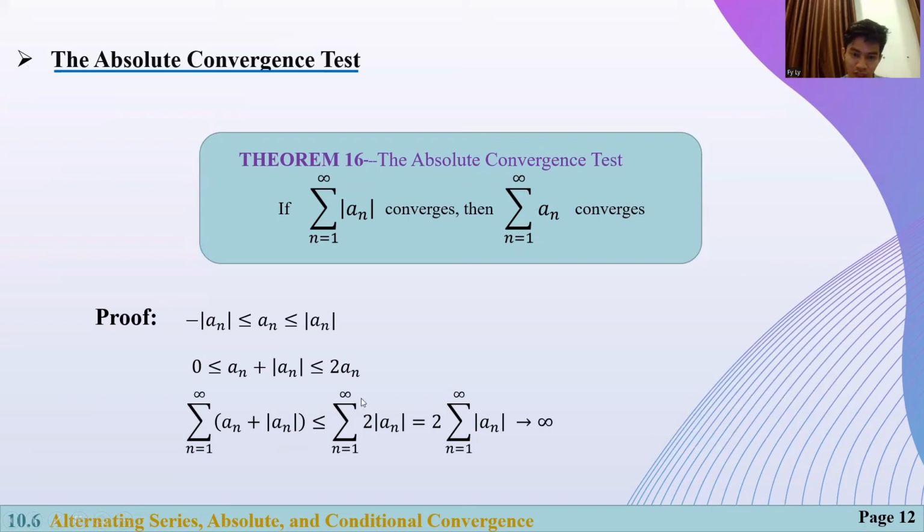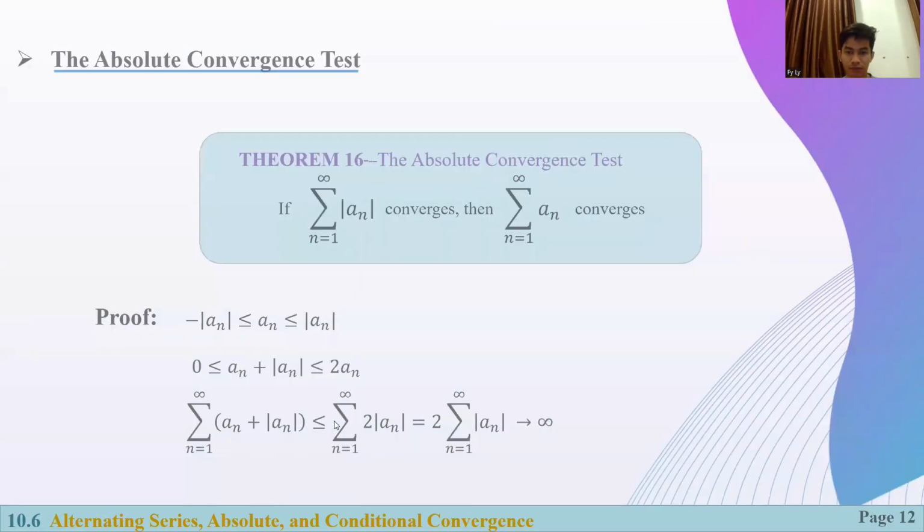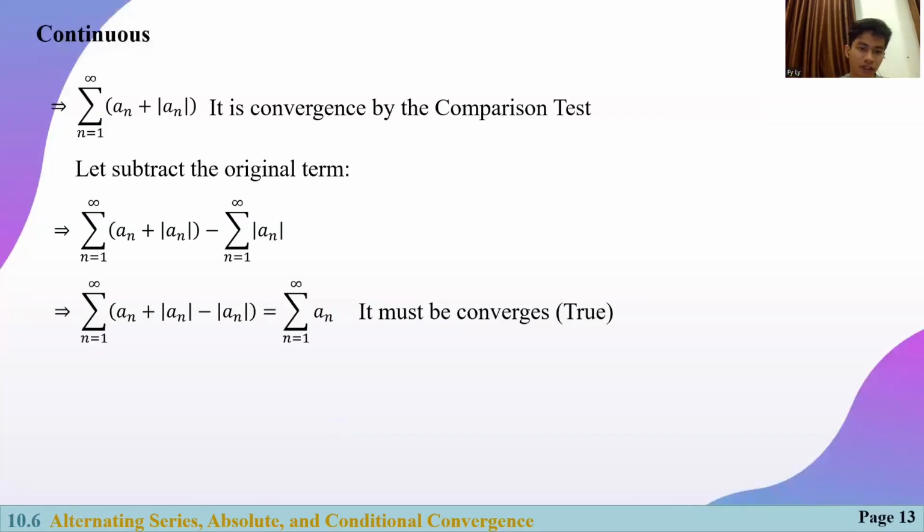The sum of absolute a sub n is convergent, and multiplying by 2 still gives a convergent series, and this is larger than the sum of a sub n plus absolute a sub n, so it is convergent. So let's subtract the original term. When we subtract, this equals the sum from n equals 1 to infinity of a sub n. So this is true.